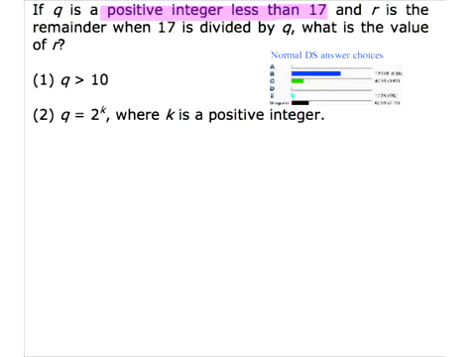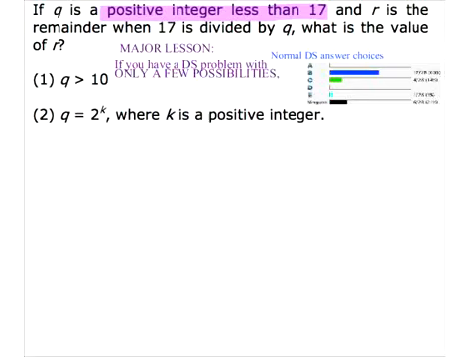The major lesson is, if you have a DS problem with only a few possibilities, then don't even bother with theory. Don't even go there. Just list them. It's like the plugging method, except it's exhaustive.